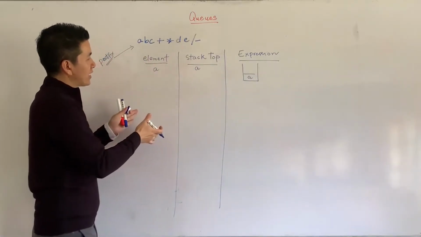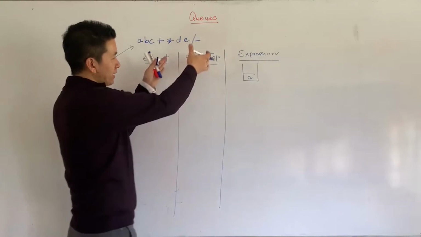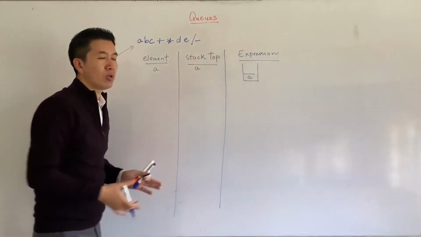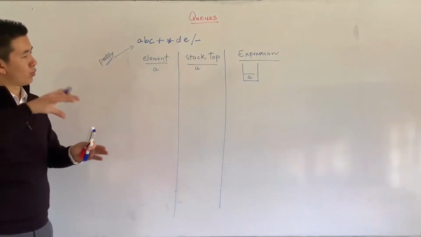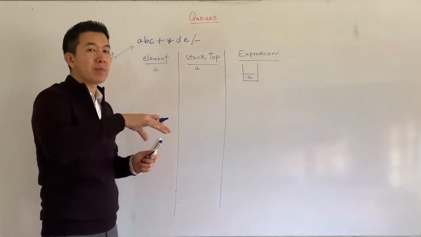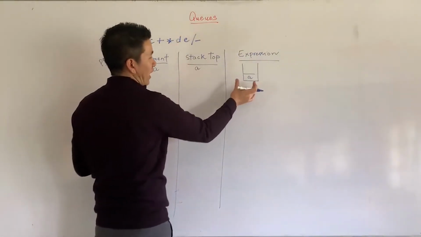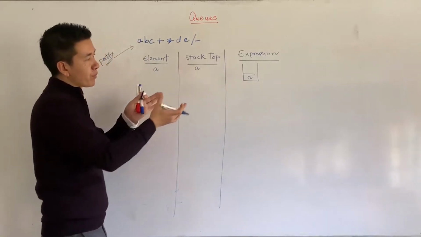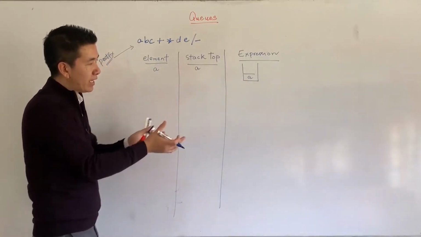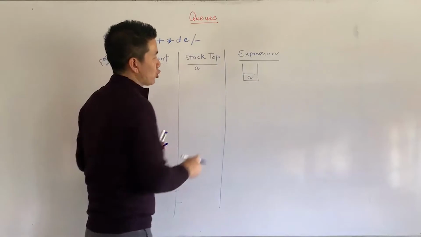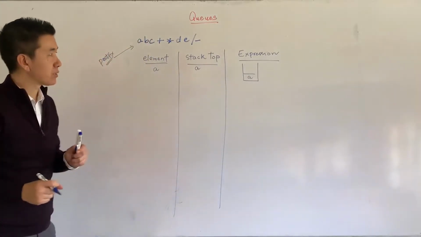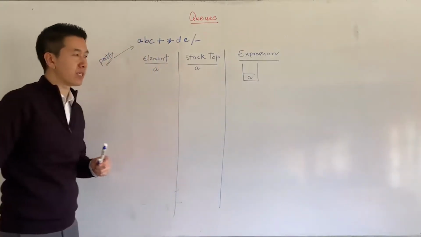So this column will scan the individual elements, and this second column will show the element which sits on the top of the stack, and then here we'll have the diagrammatic view of the stack, and at the end we'll be able to fetch the equivalent infix expression of this postfix expression.